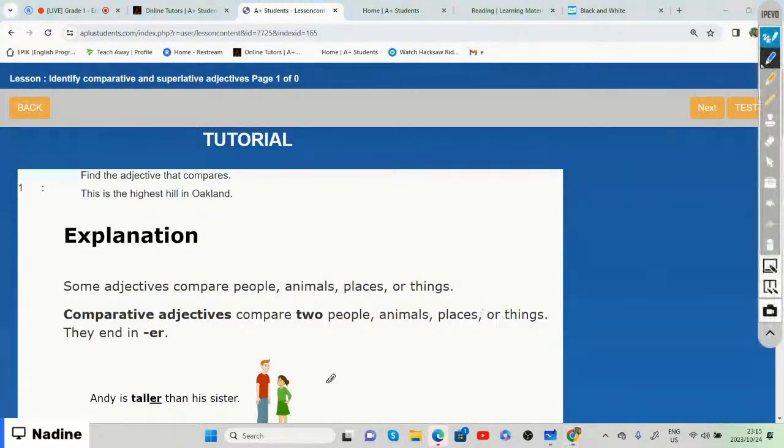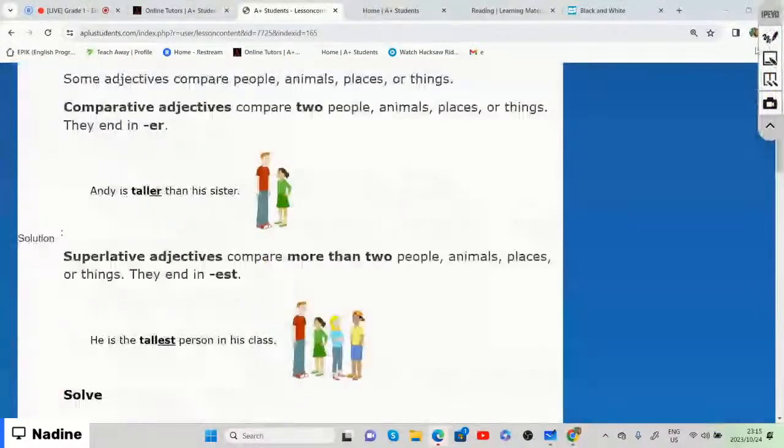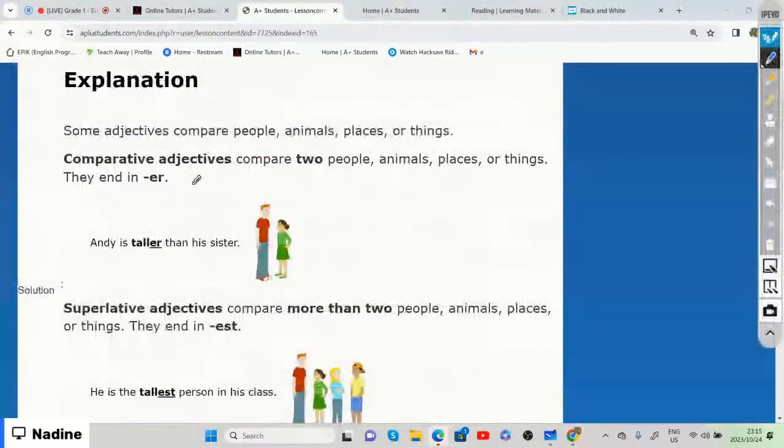And it ends in er. And that is a comparative adjective.